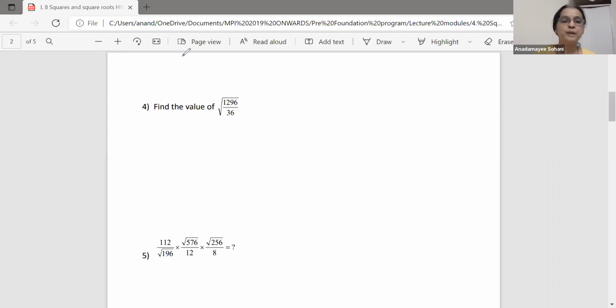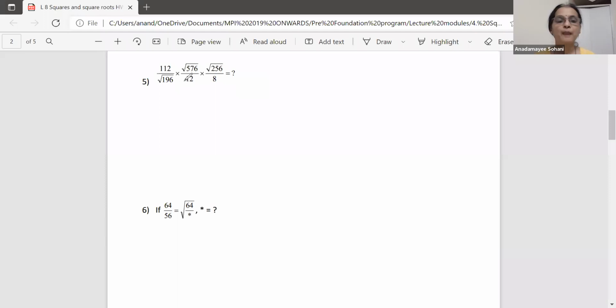Then the next one, 112 upon root of 196 into root of 576 upon 12 into root of 256 upon 8. Now once again, if I know the square roots, 196 is the square of 14.